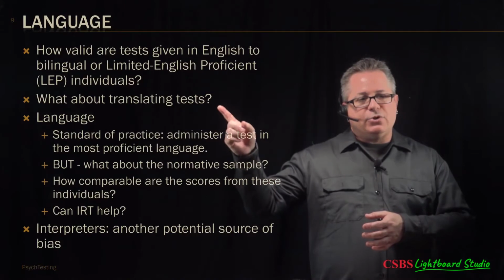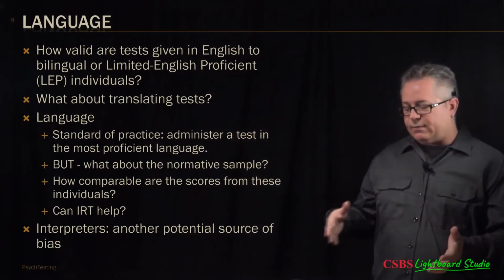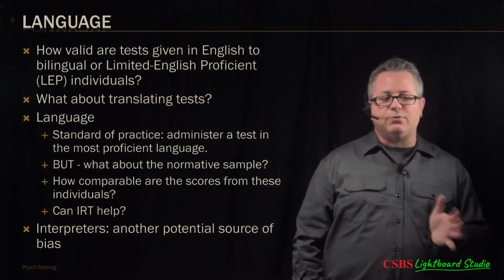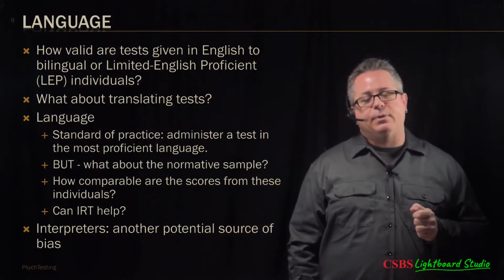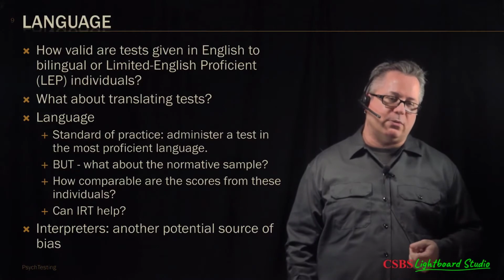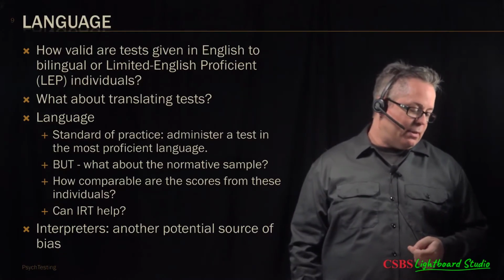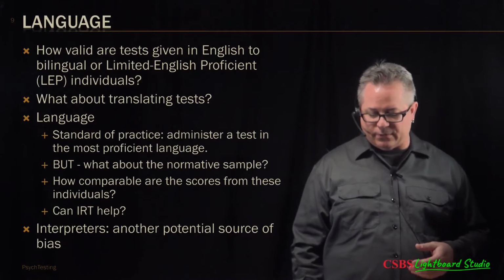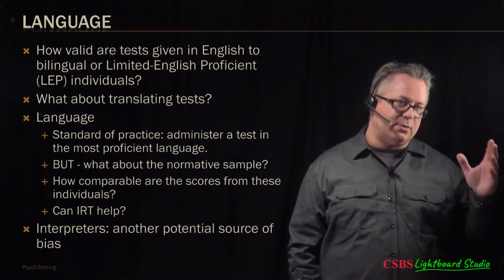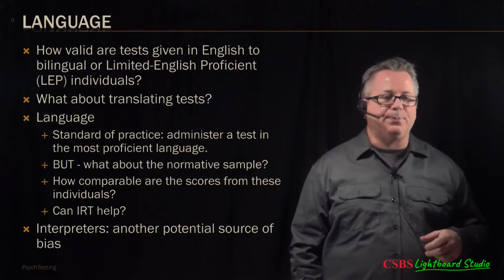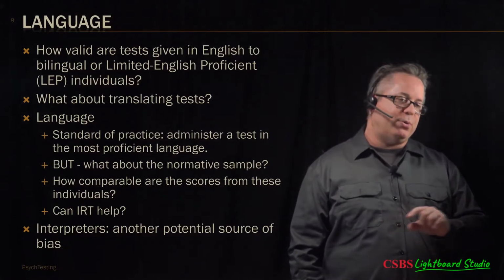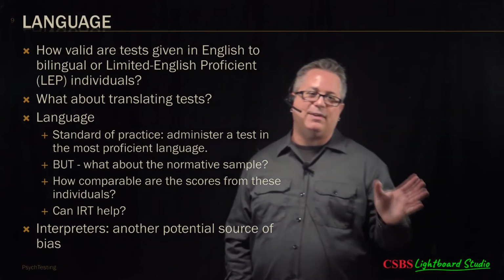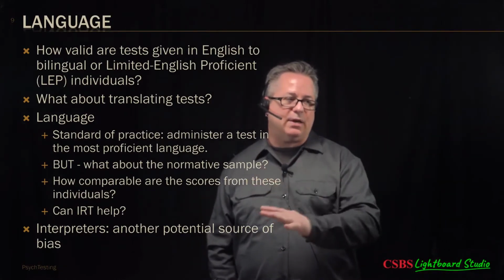So just like translating tests is an issue, right? If I translate a test from English to another language or vice versa, using interpreters is also going to be a source of error, right? There are even movies sometimes where they show this: someone says something in one language, it shows you the subtitles, and then the translator translates it into another language, and what they say is not what the person said.